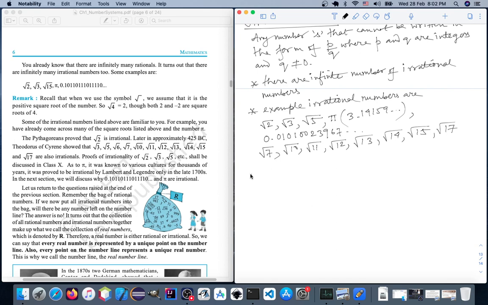So the number line only contains either a rational or an irrational number.